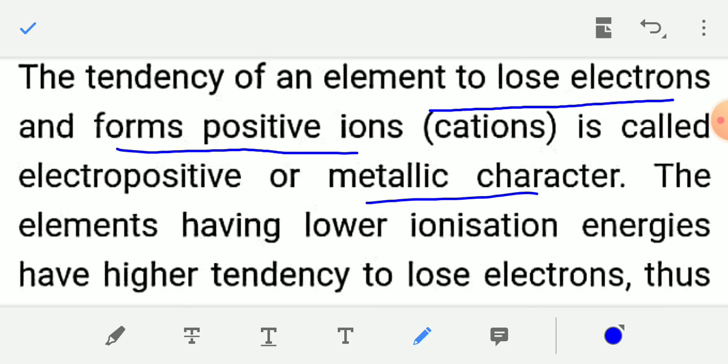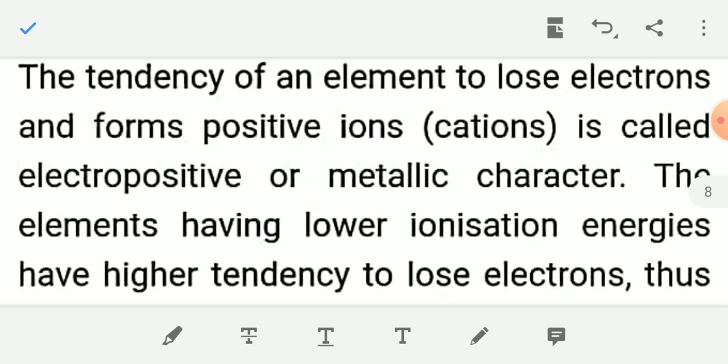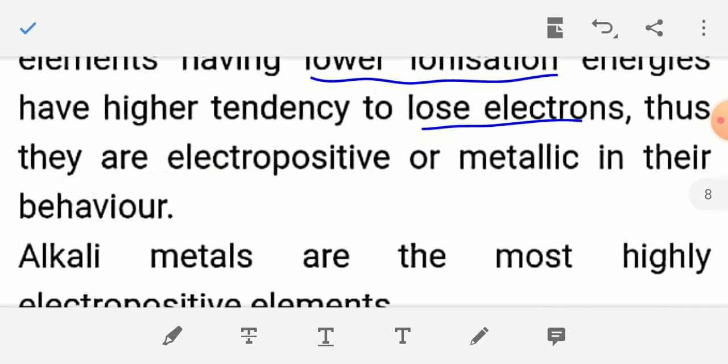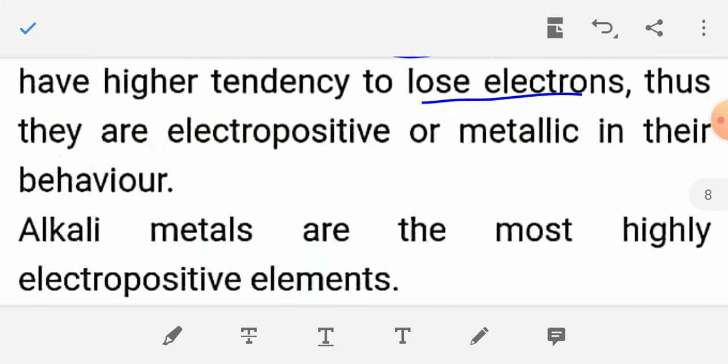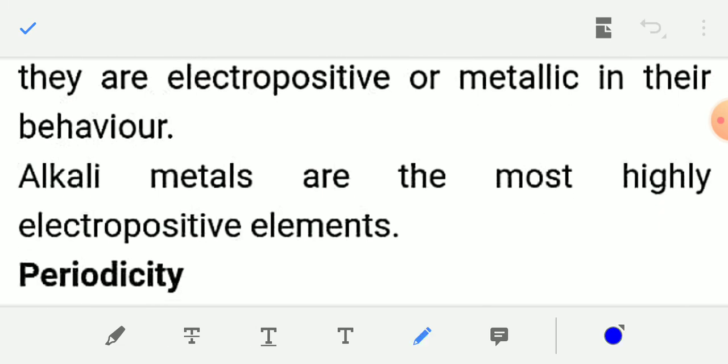Elements having lower ionization energies have a higher tendency to lose electrons, they can easily lose electrons, and thus they are electropositive or metallic in nature. Thus the alkali metals are the most highly electropositive elements.